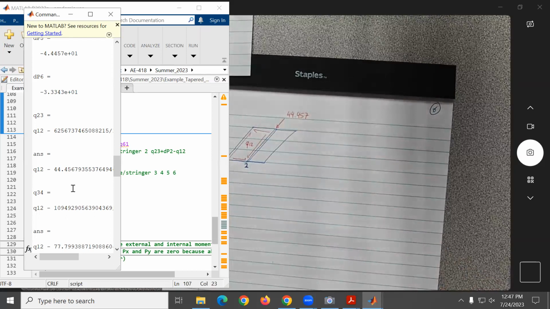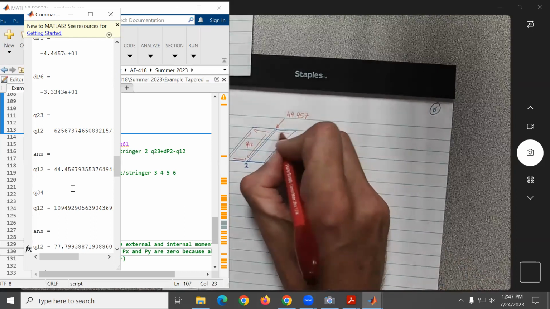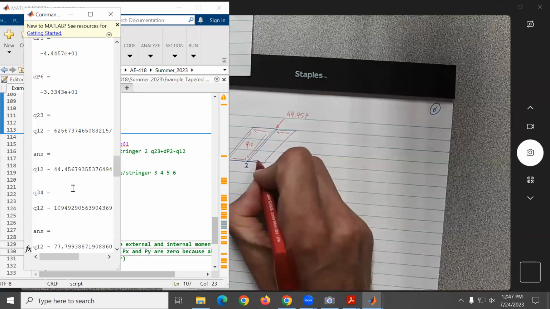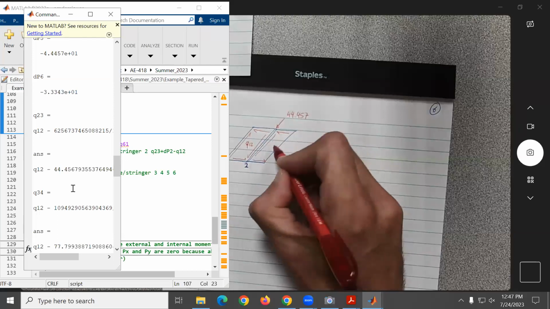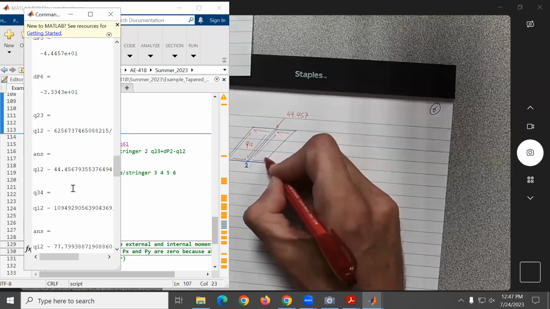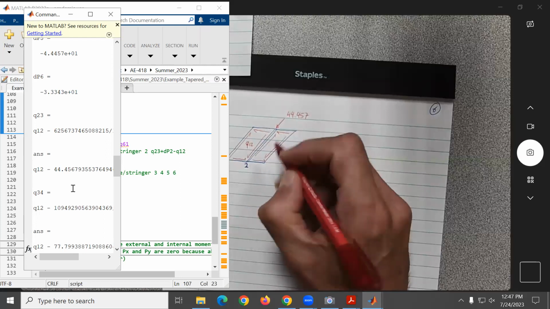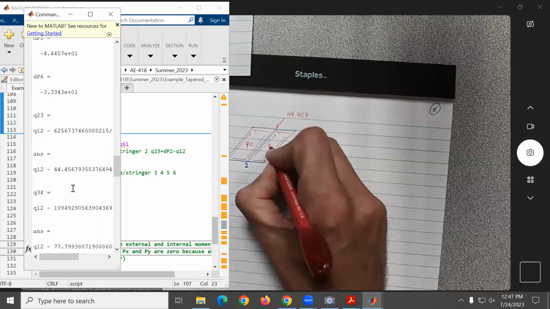Then on the other side, we're going to have what? This way, this way, this way, and this way, and this will be Q23.